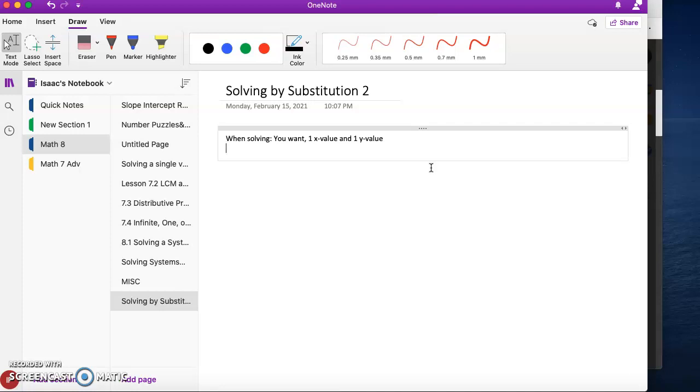Alright, so let's say we have these two equations right here.